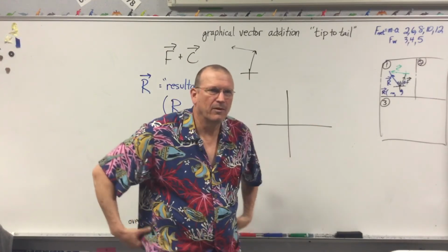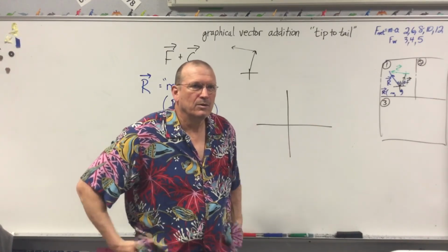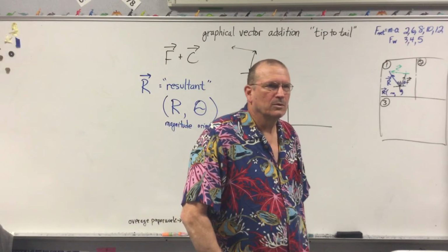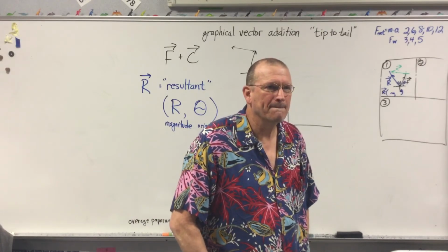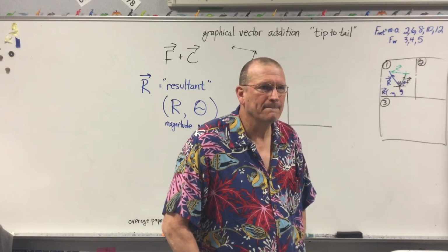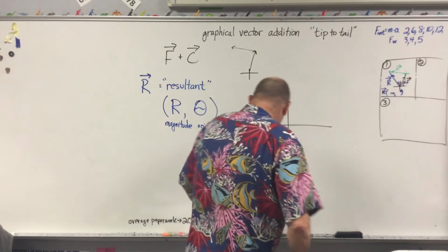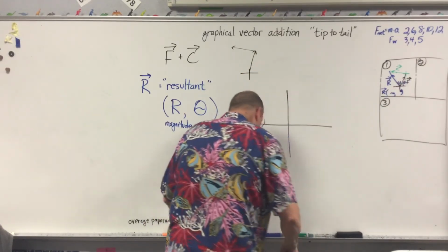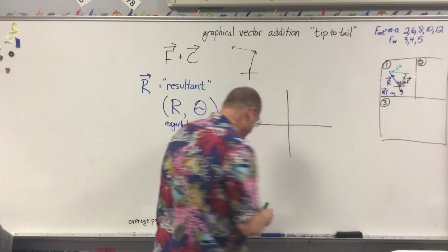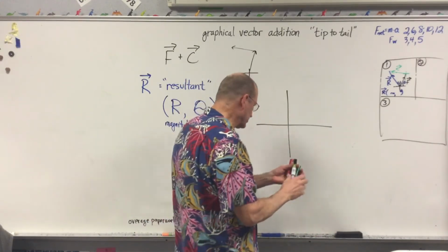Is there a resultant line when you have 3 vectors or anything other than 2? Do you still have the resultant line if you have 3 vectors? Yes. So the idea is, I'm just going to make up random ones, and I'll pretend that I'm using blue for my resultant vector.